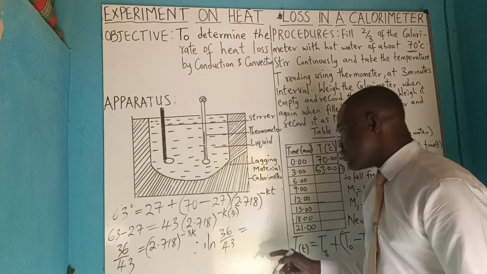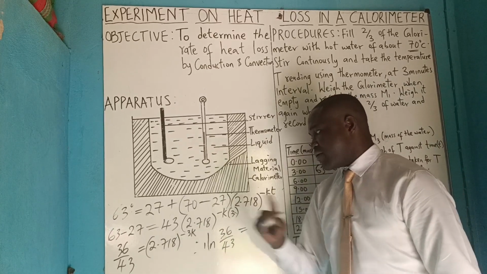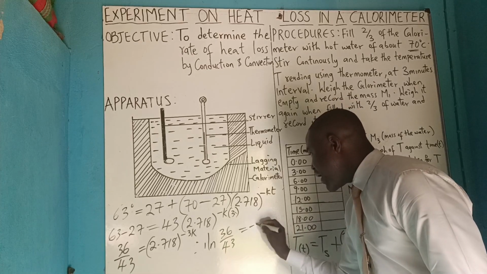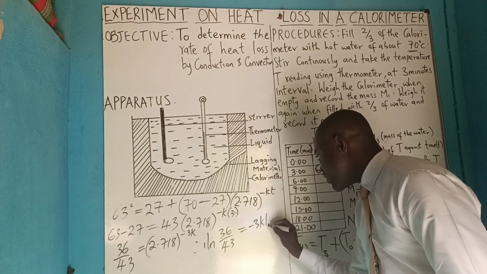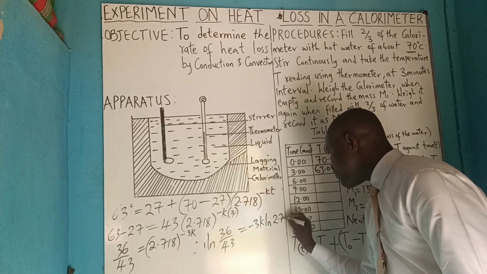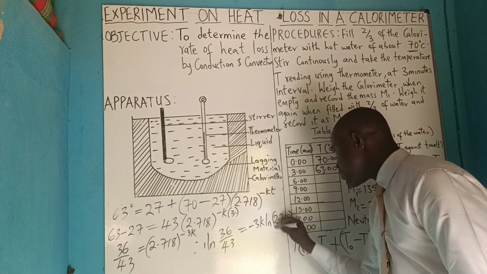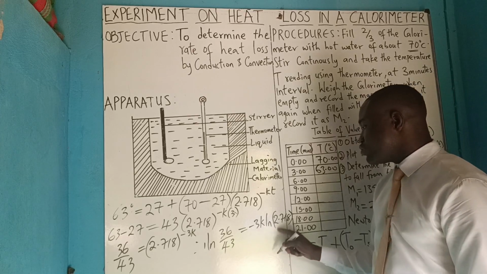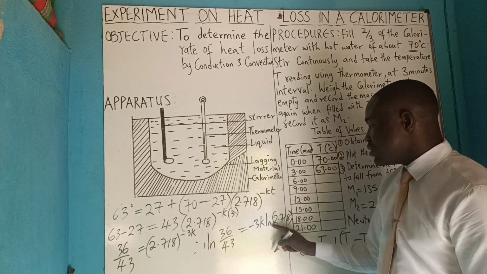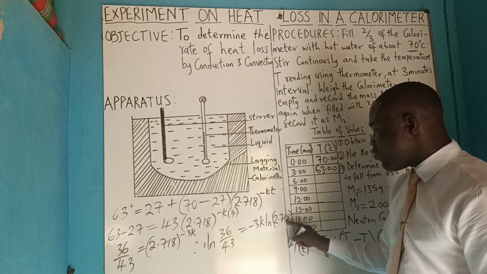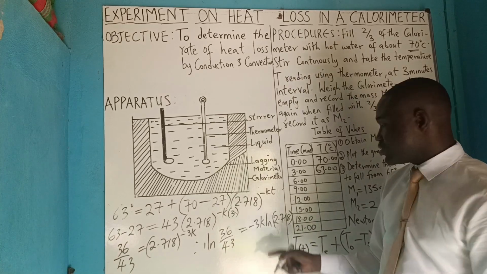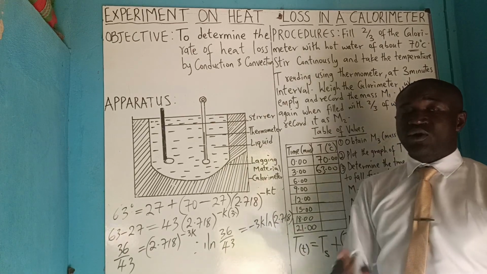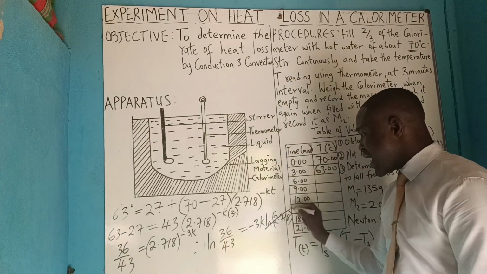The ln of 36 over 43 is equal to, when you take ln here, minus 3k ln 2.718. You have minus 3k ln 2.718. ln and 2.718 are opposite, so they will take care of each other. ln of this is equivalent to 1, so they will clear out.